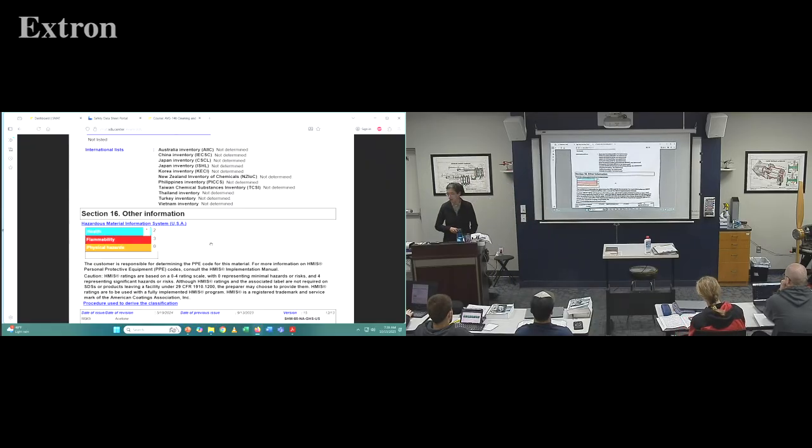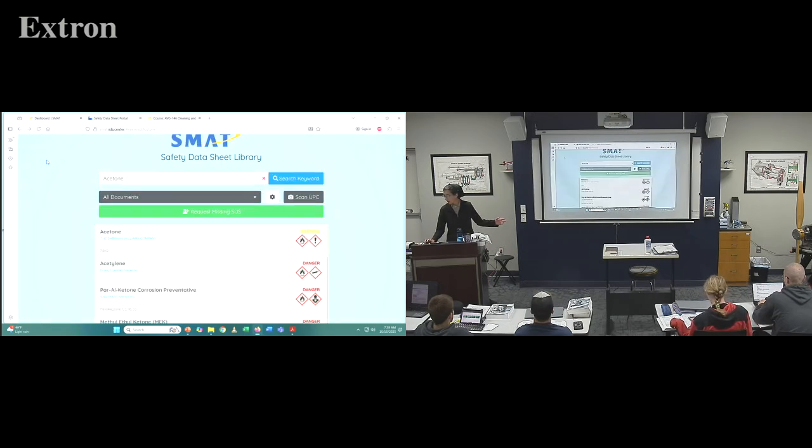I put that in section 16. If you need to label the diamond and you don't have a quick reference, you can come to section 16 and see what labels should go into the diamond. Alright, and then just click out over there and it takes you back.